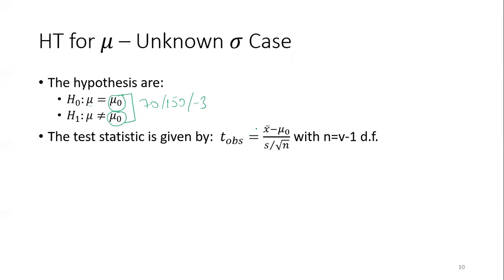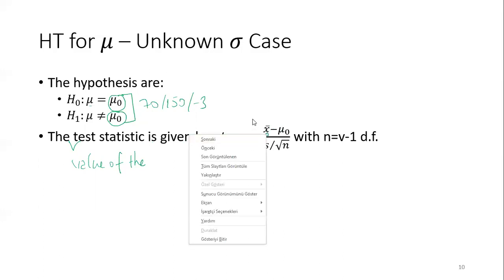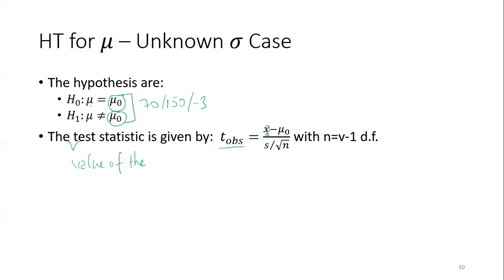Now the test statistic. The value of the test statistic is given by t observed, which is equal to x bar observed minus mu 0, divided by s divided by root n.